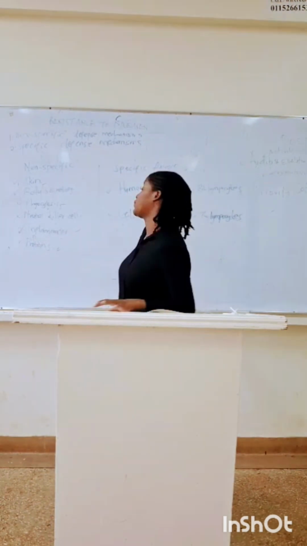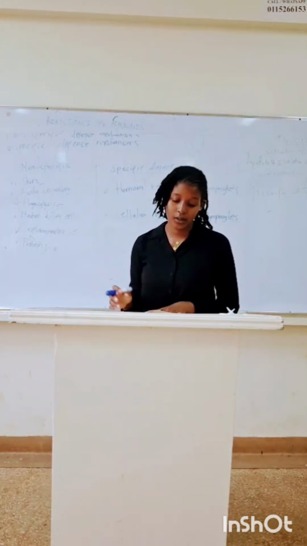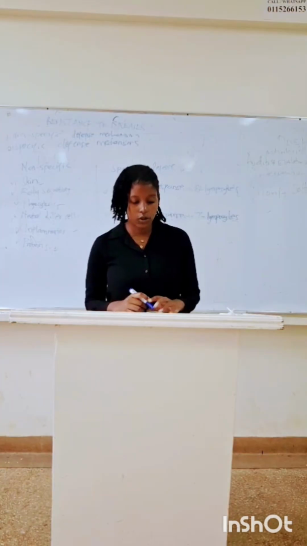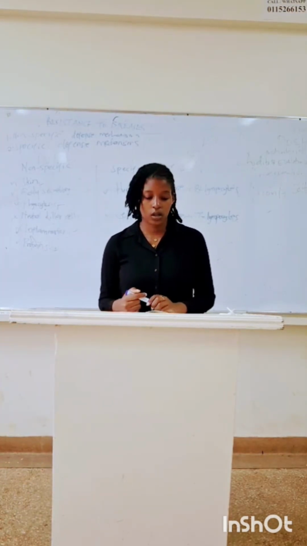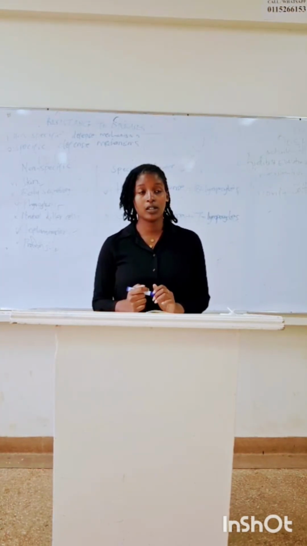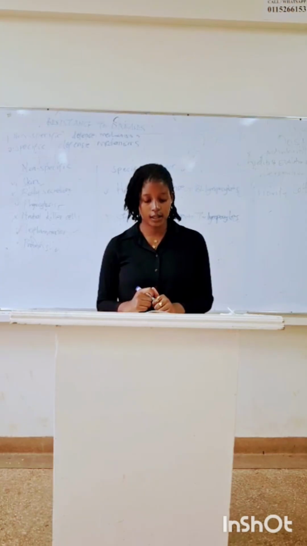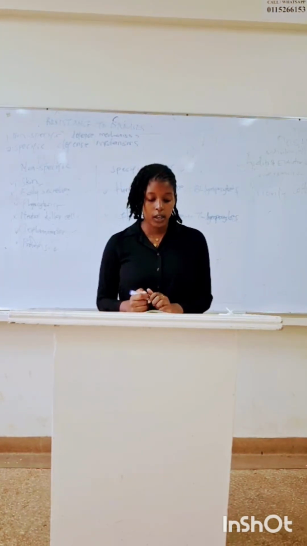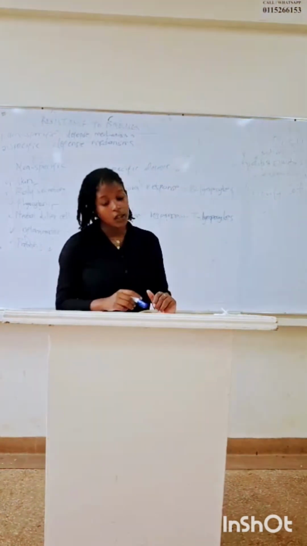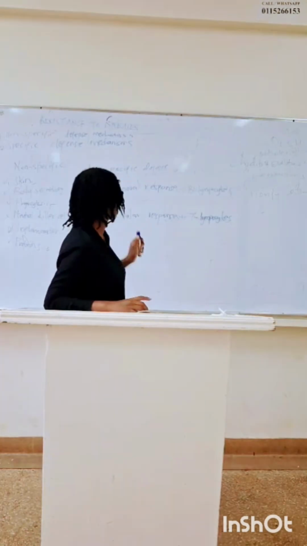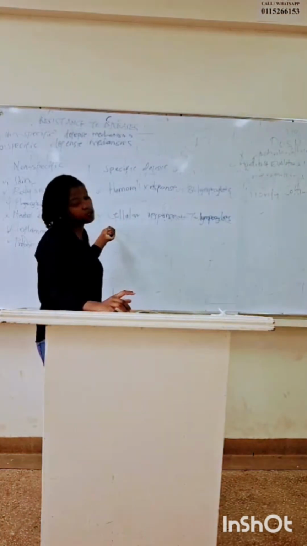Let's go to specific defense mechanisms. Their primary function is to discriminate between self and non-self. Here, they can be divided into two: the humoral response and the cellular response.